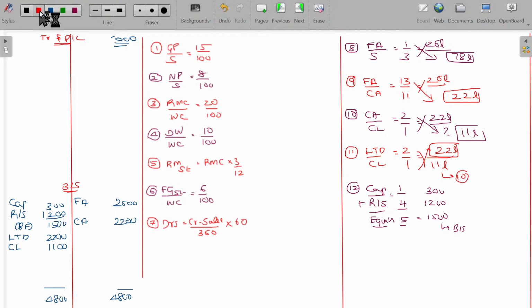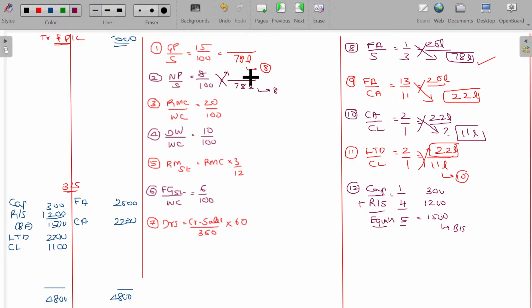We got the sales here. The sales can be fit wherever it can be posted. So here, 78 lakhs, we got it from number 8. Here also 78 lakhs from 8.